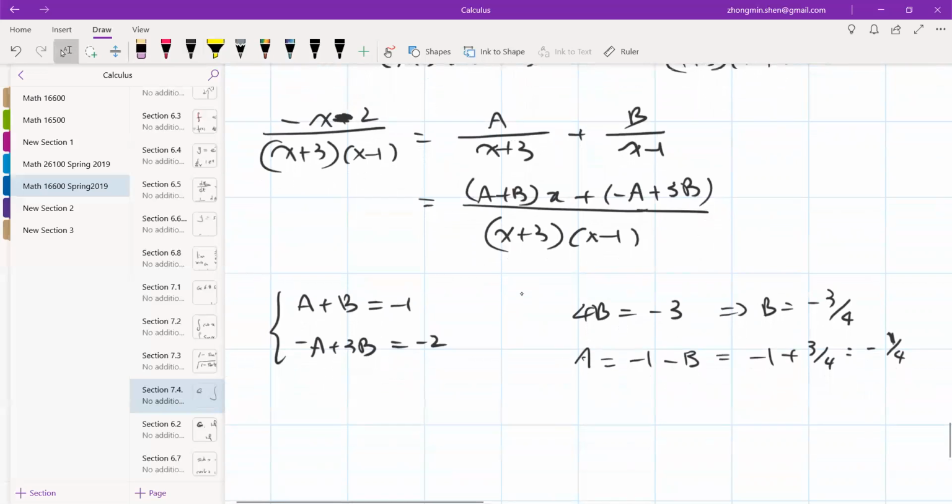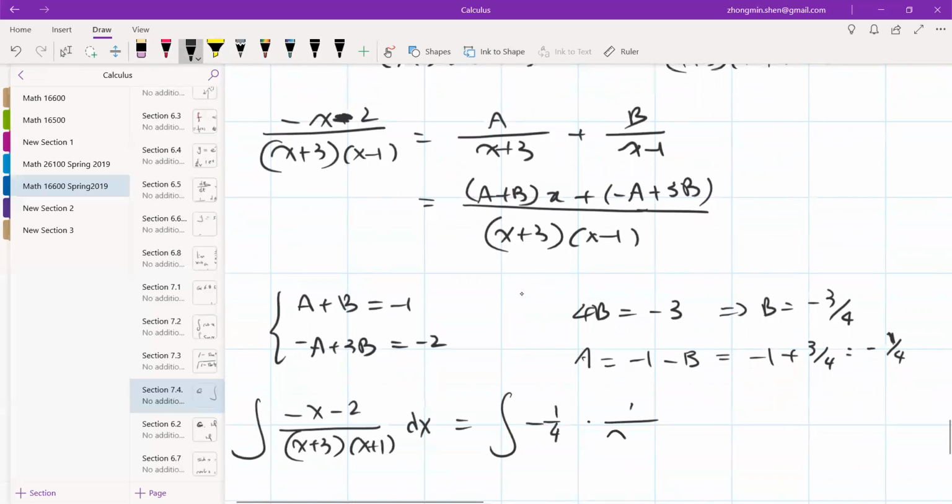Right? So now we are ready to evaluate the integral. That is going to be the constant a, a quarter, over x plus 3, and negative 3 over 4 over x minus 1, dx.